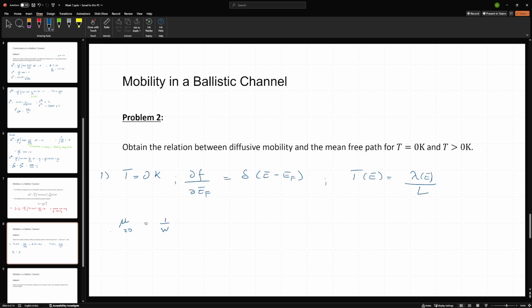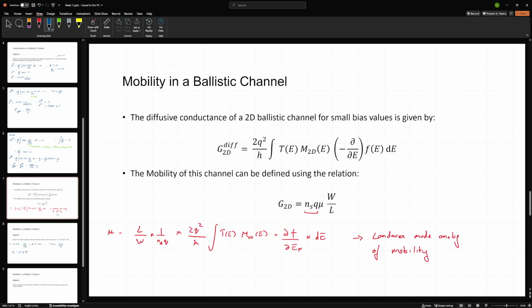So 1 upon Ns, 2Q upon h, the Planck constant, into this integral, which is now just lambda of EF multiplied by M2D of EF.